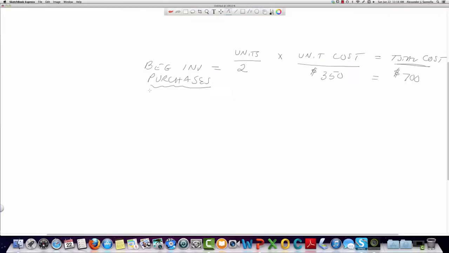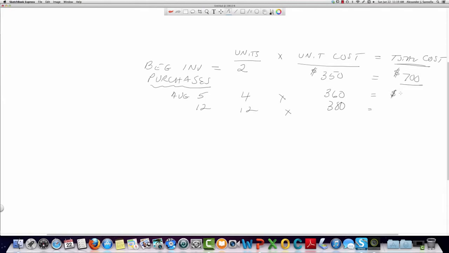Okay, so your purchases are August 5th and August 26th, and these will be 4 units and 12 units at 360 and 380 respectively.